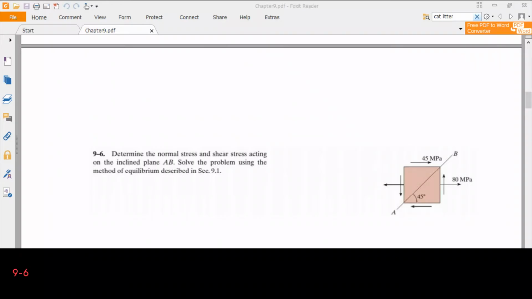Okay, our next problem is 9.6. Determine the normal stress and shear stress acting on the inclined plane AB. Solve the problem using the method of equilibrium described in section 9.1. So I will not use that method, I will use the general formulation anyway. So we will rotate it. In fact, we are asked for the stress acting on this plane.